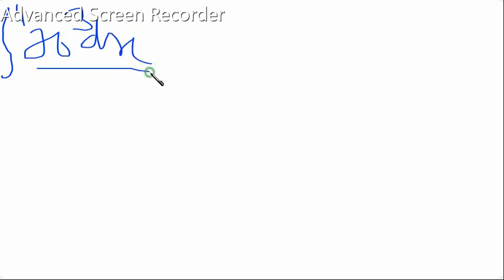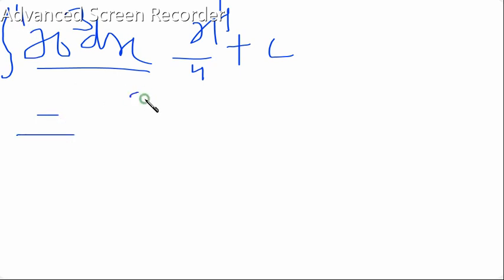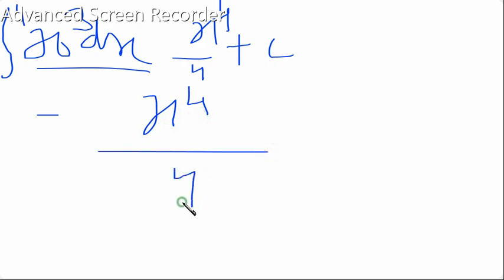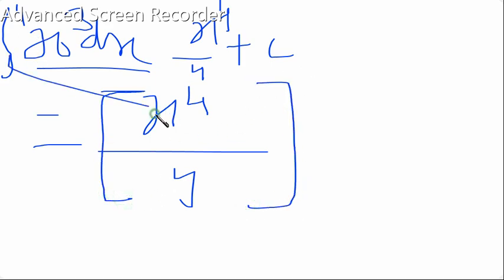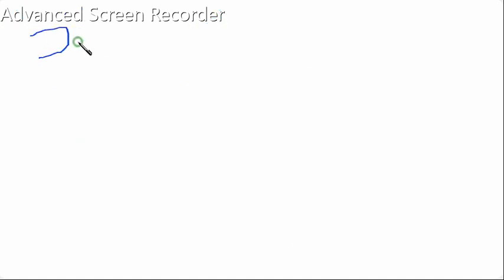We simplify this using the power rule, which gives x to the power 4 divided by 4 plus c, and after this we substitute the limits. So x to the power 4 divided by 4, with the limits 1 to 4.